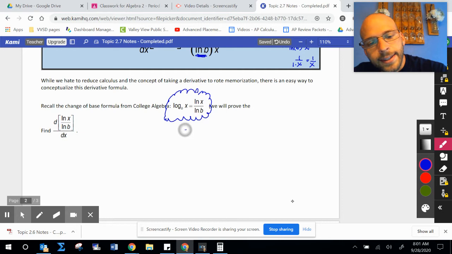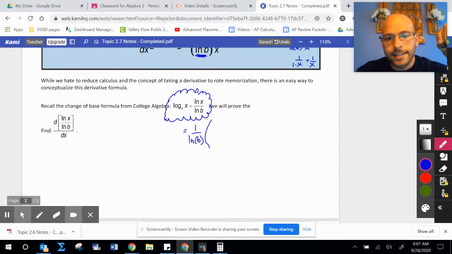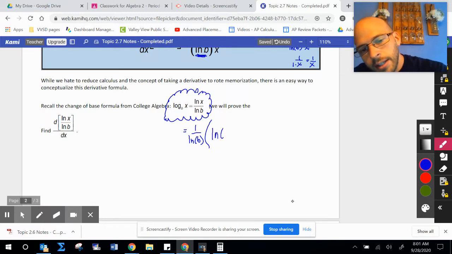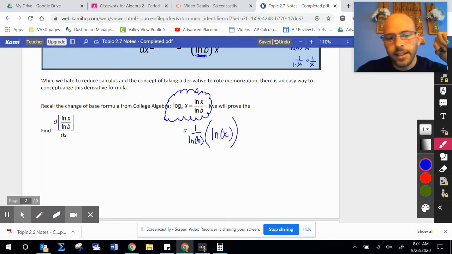I can rewrite this to be 1 over the ln of b, because that's all a constant, times the natural log of x. So 1 over natural log of b, that's all a number. That's going to be a constant value. Remember, b is going to be a discrete value.